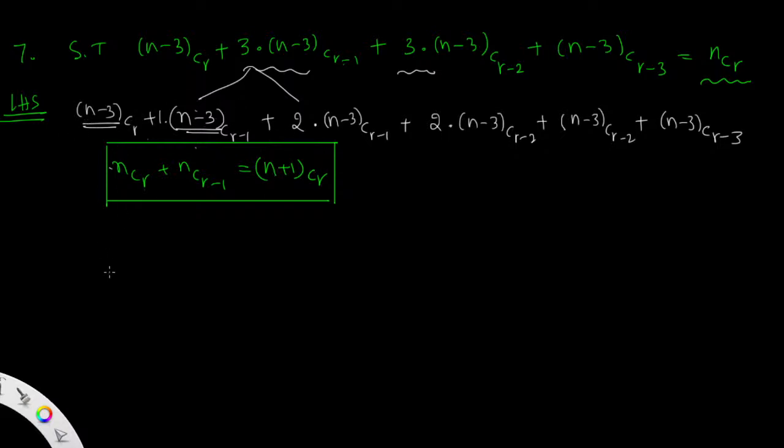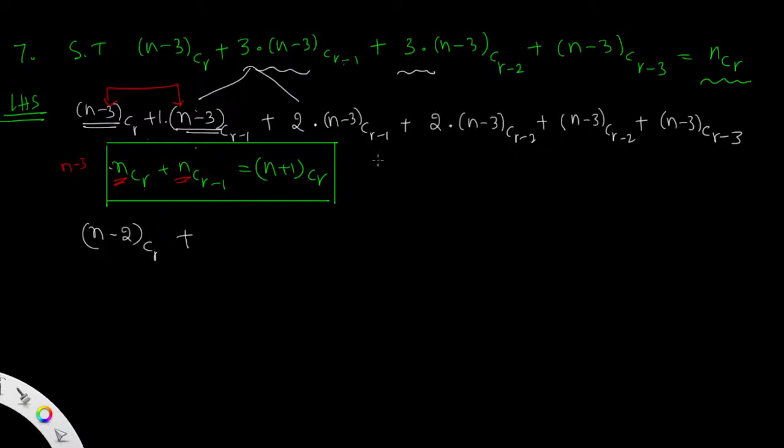Adding the one term here, from these two terms we get (n-2)Cr.